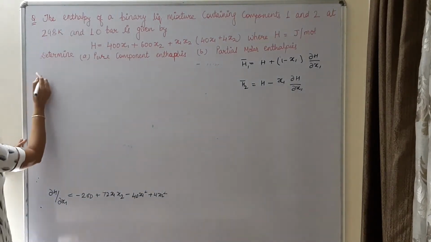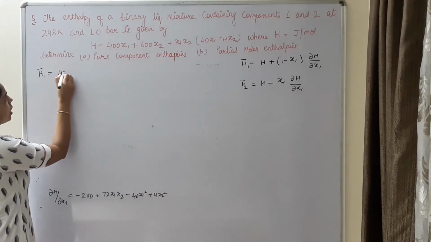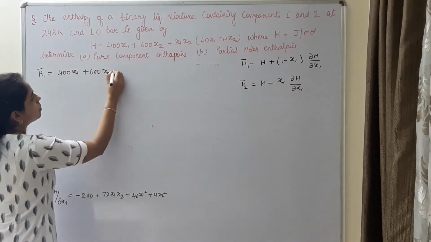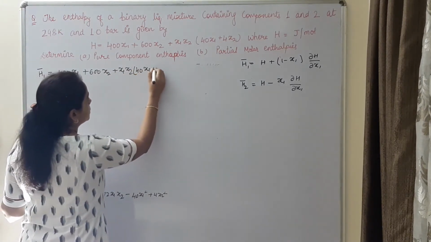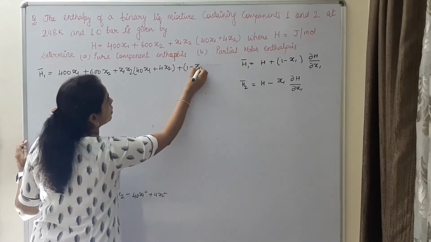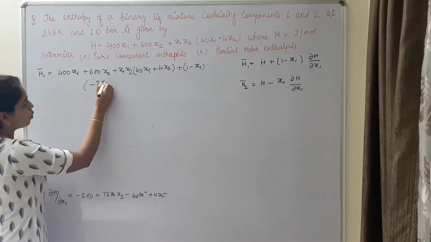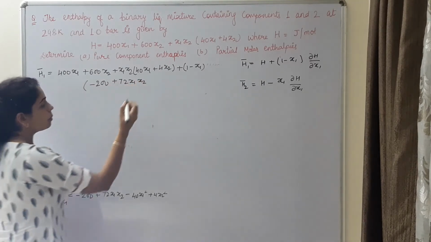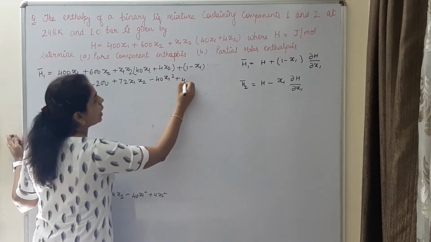So H1 bar, the partial molar property of component 1. H equals 400 x1 plus 600 x2 plus x1 x2 (40 x1 plus 4 x2), plus 1 minus x1. In place of dH/dx1 we can substitute 200 plus 72 x1 x2 minus 40 x1 square plus 4 x2 square.